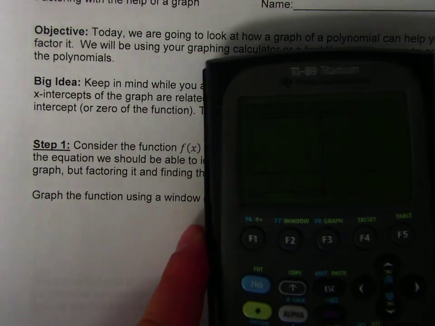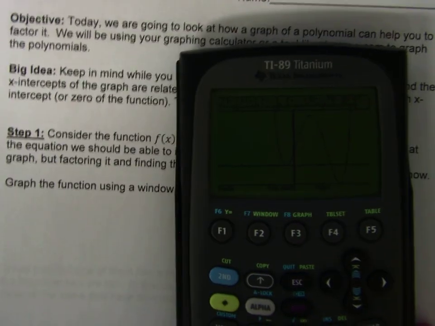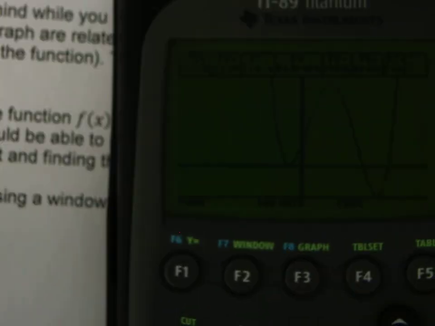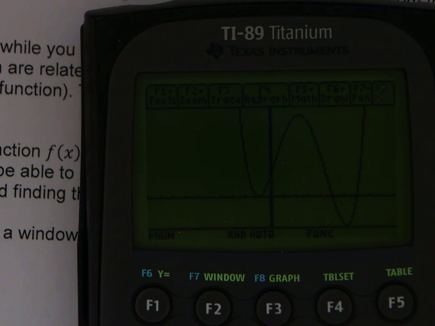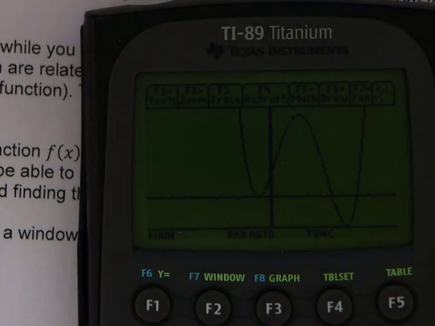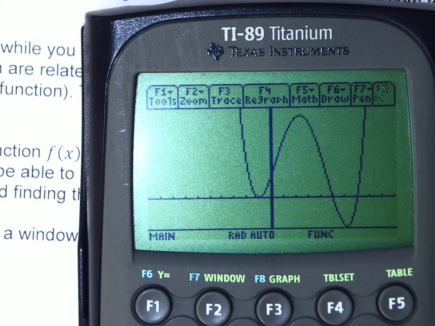Now if we look at this graph, I don't know if any of you can see that or not. Yeah, there we go. You can kind of see that.